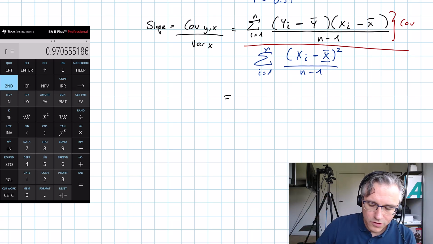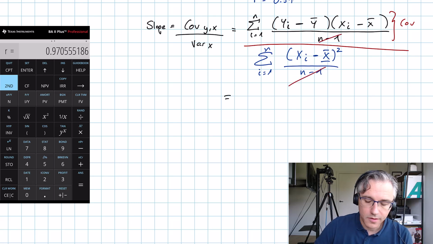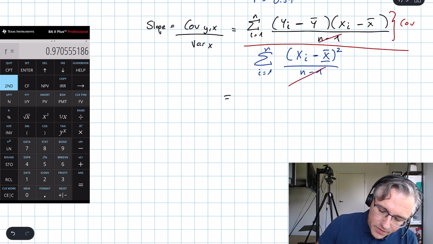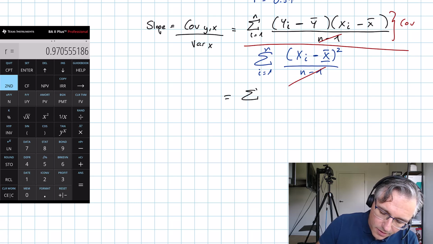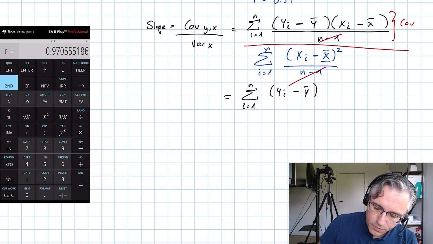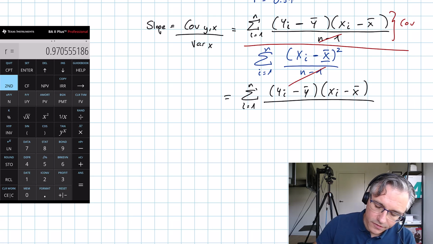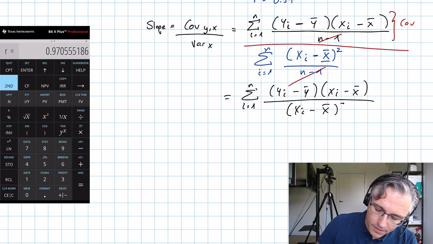So what this simplifies to is you can actually get rid of these denominators and you can say this equals the sum, starting with i = 1 and finishing with n, repeating what's in the top of the original covariance term, forgetting the n minus 1 and just dividing by this.